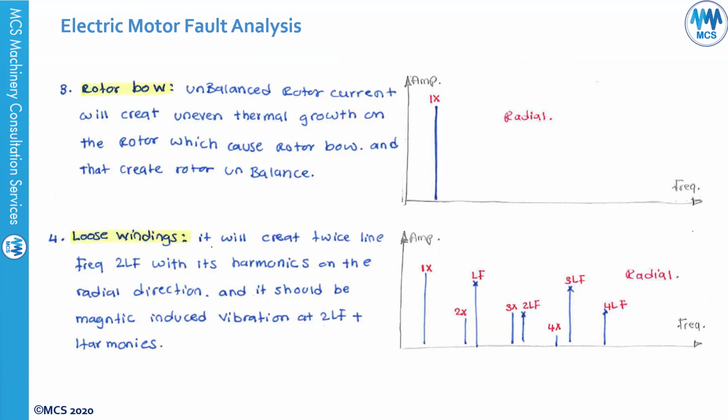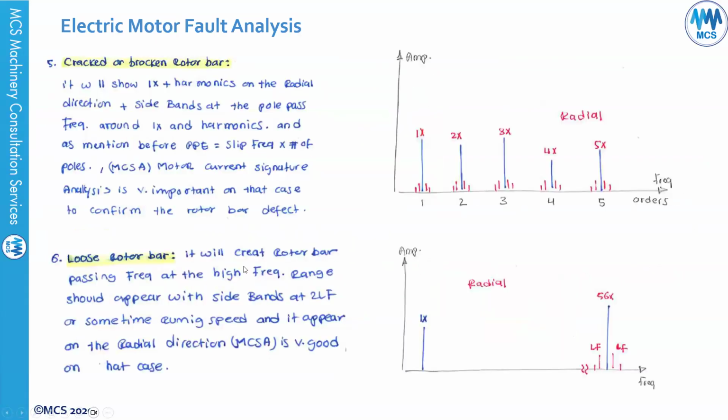If you have looseness in the winding, this will create twice line frequency with harmonics. You'll see twice line frequency with harmonics, and this will be an indication of looseness in the winding. If you have a cracked or broken rotor bar, you will see the running speed of the motor with harmonics, which is similar to looseness.